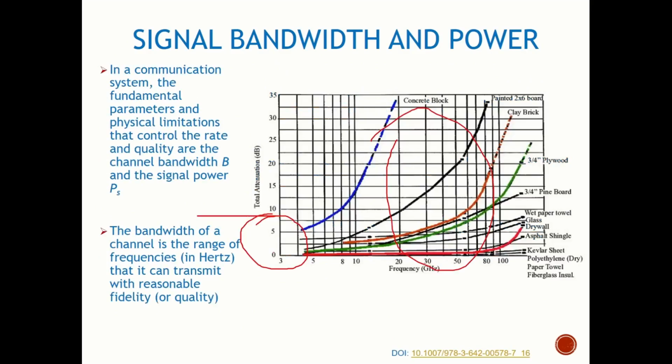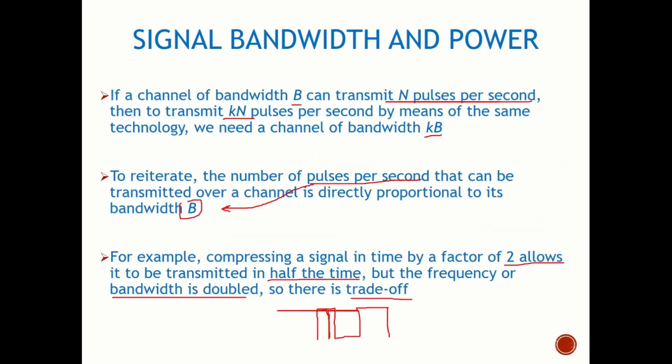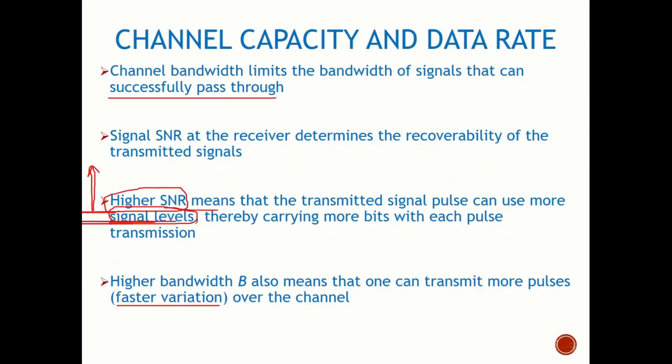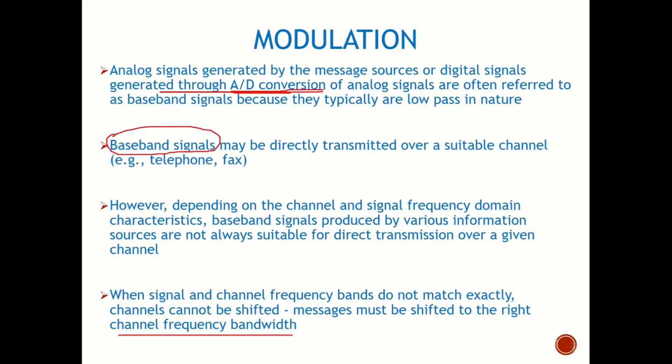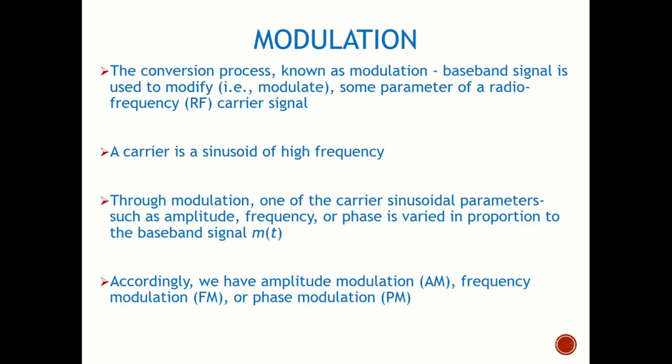They are in kilohertz, and the channel's response in this region is very good. It has low attenuation maybe in some other frequency window. So how do we shift this baseband signal to the desired frequency? That is done through modulation.